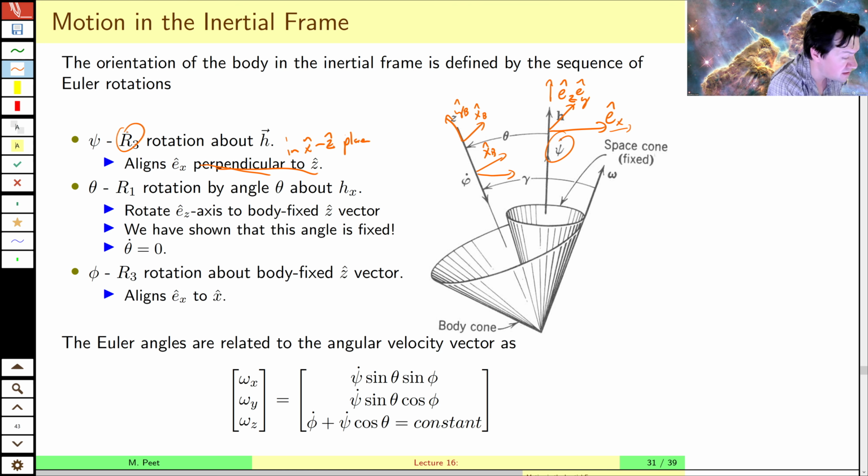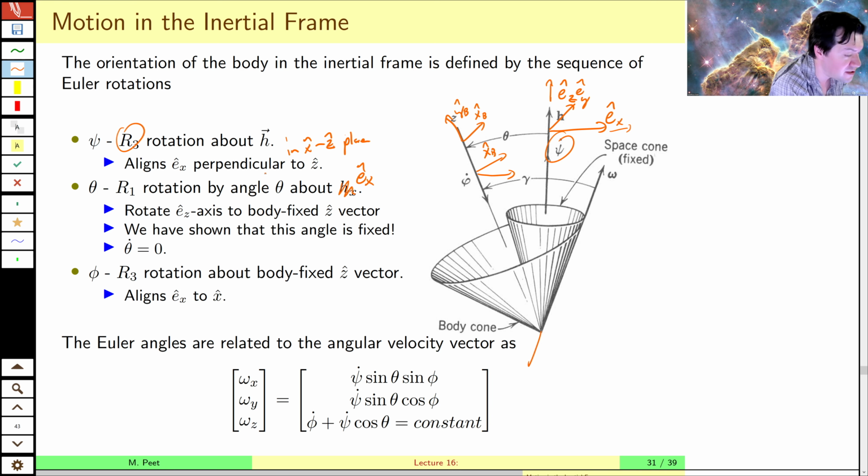Here we've got now our E hat x. Sorry, it's a typo. So this is a rotation about the 1 vector. And what that does is it aligns now our z-axis with the body fixed z-axis. Actually, I was wrong about that. It is perpendicular to the z-axis.